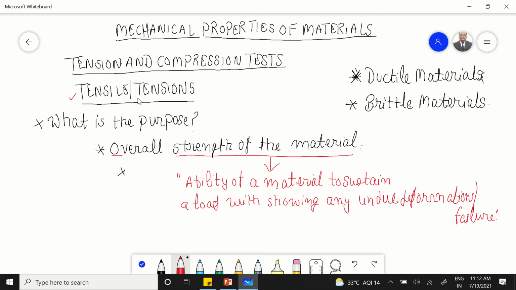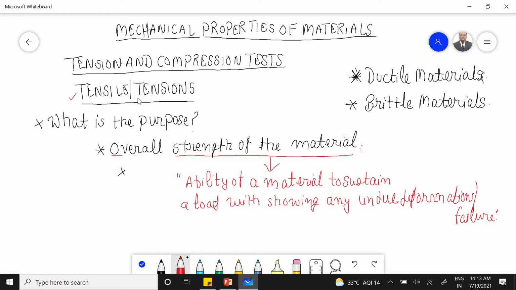So let us talk in brief about the concept of tensile testing and the different types of specimens that we normally use in performing the tensile test.